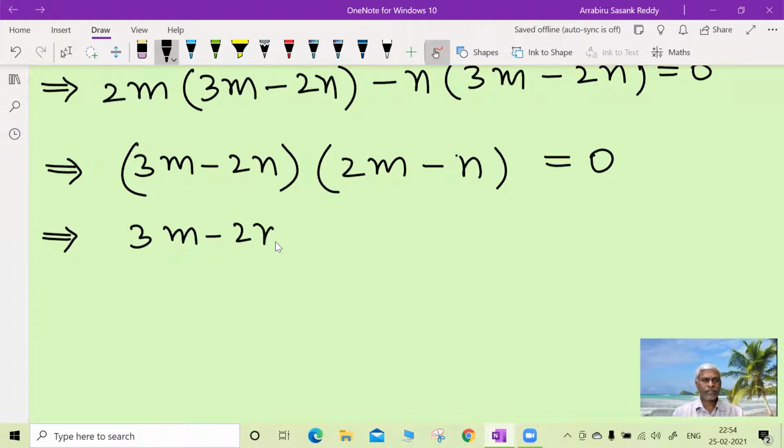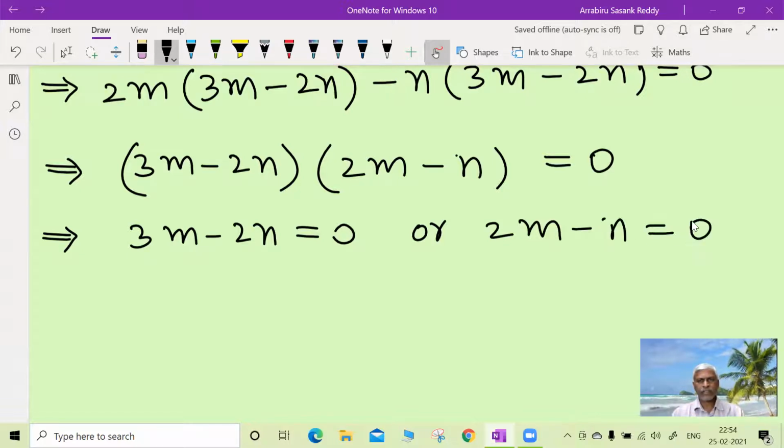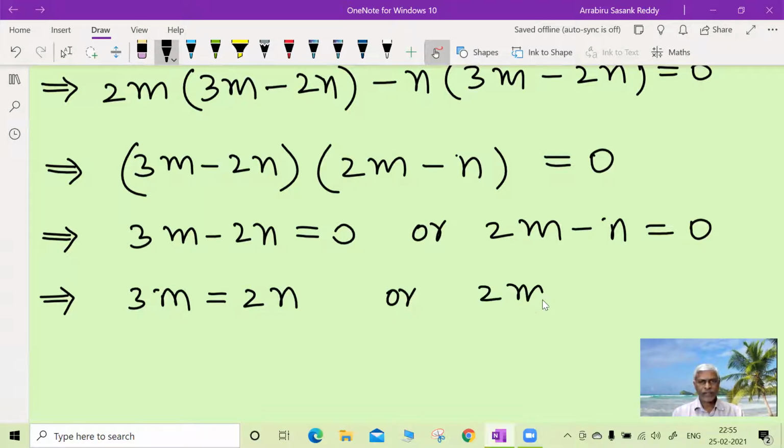3m minus 2n is equal to 0, or 2m minus n is equal to 0. That gives 2m is equal to n.